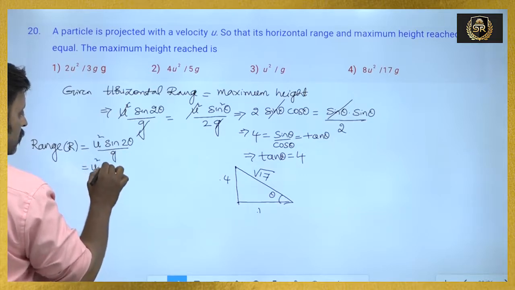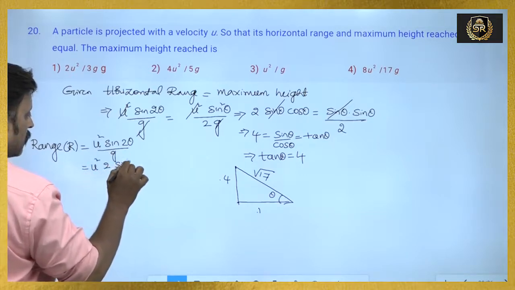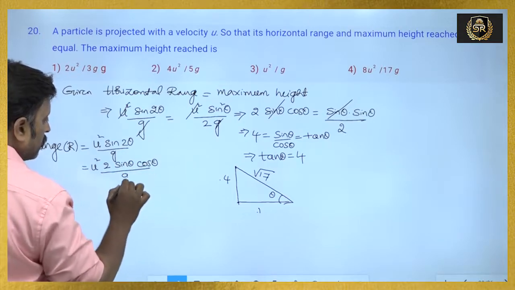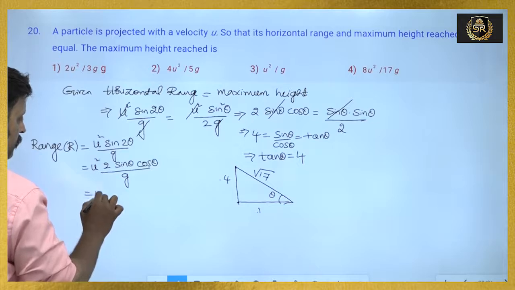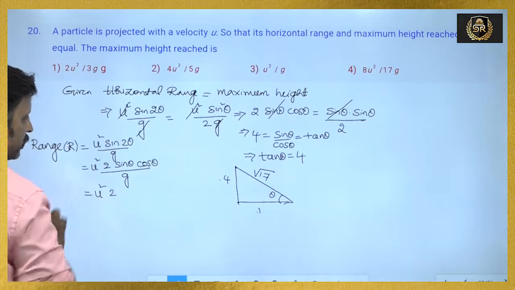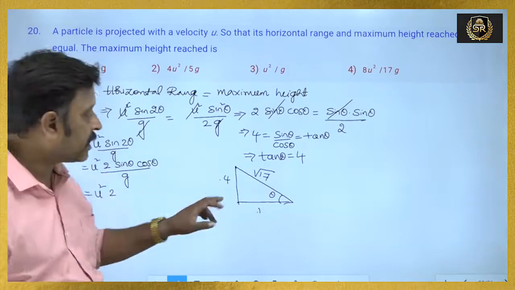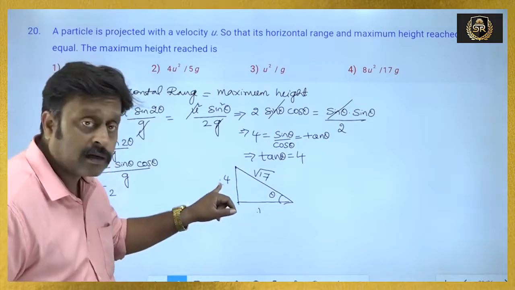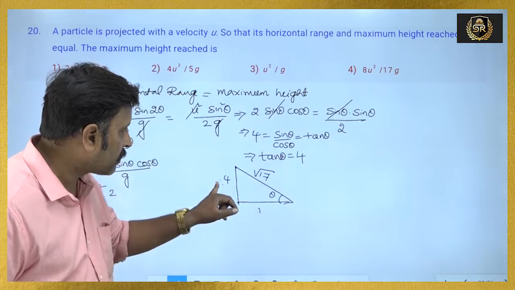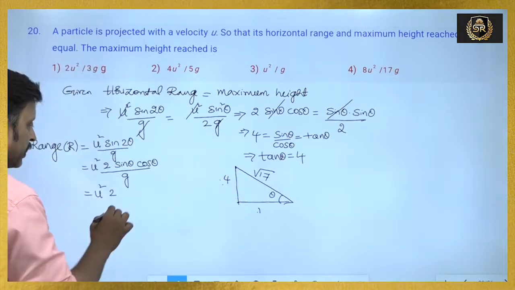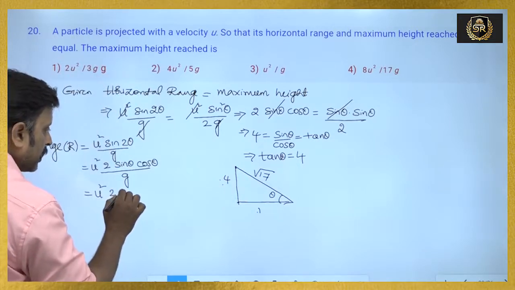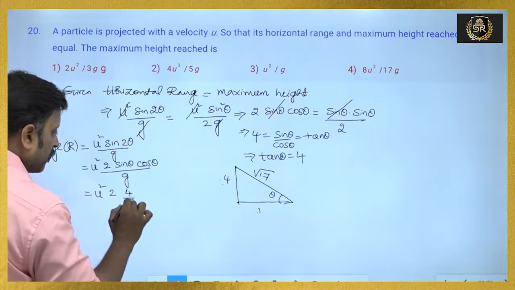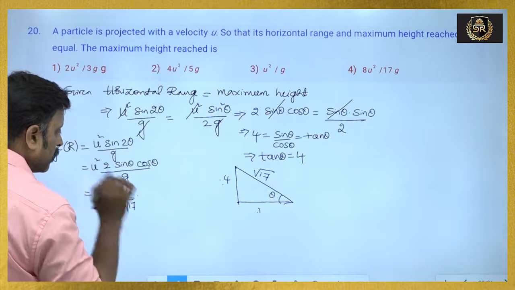That is u square sin 2 theta, nothing but 2 sin theta cos theta by g. U square 2 into sin theta. What is sin theta from the diagram? Opposite by hypotenuse. What is the side opposite to angle theta? 4. Hypotenuse is root 17. So I can write sin theta as 4 by root 17.